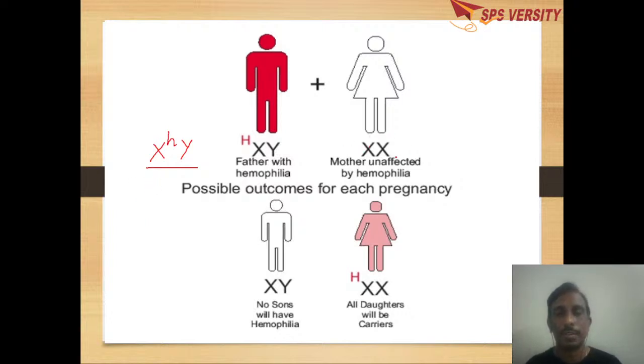Unaffected female, the genotype we can write is X capital H, X capital H. So what are the possible outcomes?